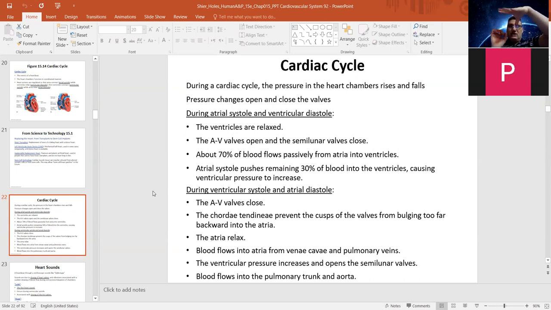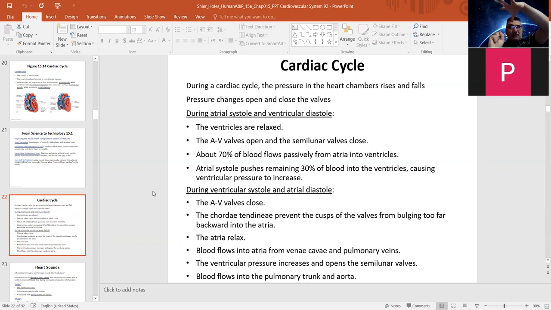The atrial diastole is to receive the blood from the body, and the ventricular systole is to send the blood out to the body. So the contraction of the atria, which is atrial systole and ventricular diastole, pushes the blood to the ventricles, which is within. It's an inside job. From the atria to the ventricles. This is atrial systole and ventricular diastole.